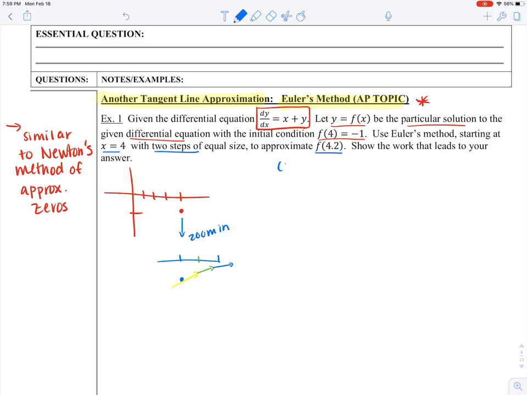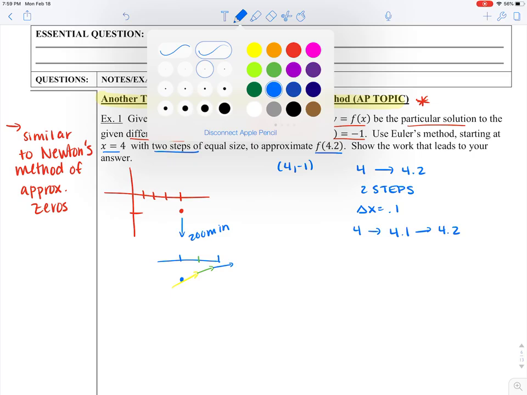If my initial point is 4, -1, and I want to go from 4 to 4.2 in tiny steps, and it tells me 2 steps in the problem, then we're going to have a delta x equal to 0.1. We'll go from 4 to 4.1 to 4.2 and take 2 steps, okay?